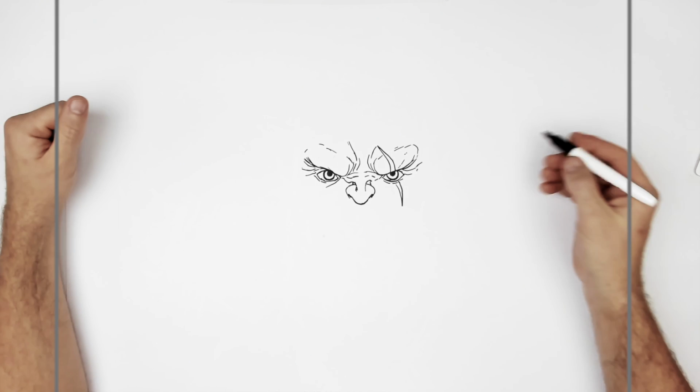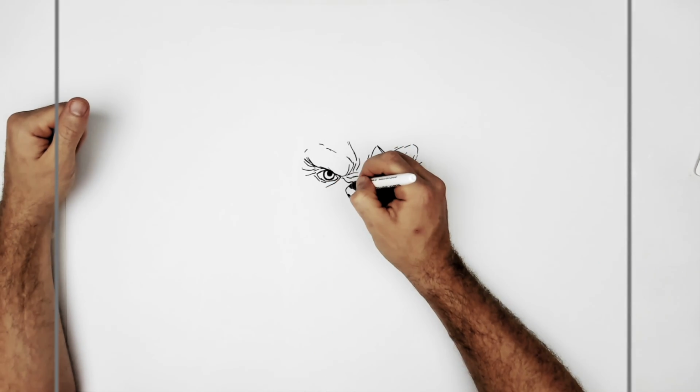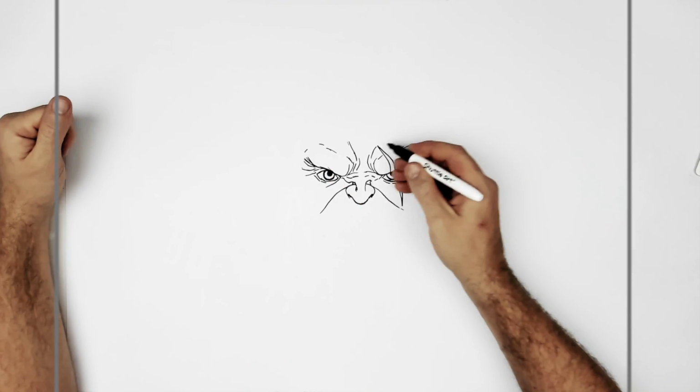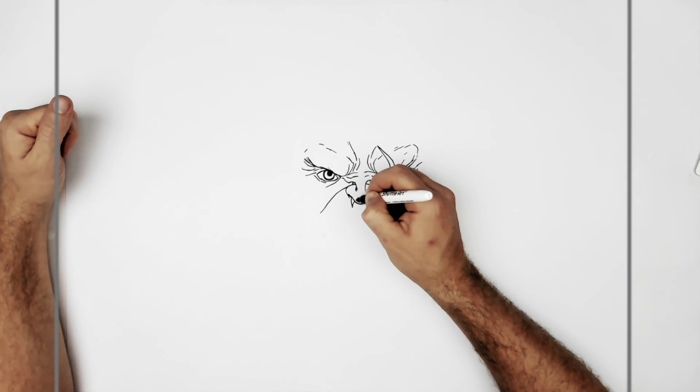Then looks like we're going to get like some cheeks coming down here. It looks a bit like a pig, kind of. And piercings coming out of his nose, right? So like spikes here.